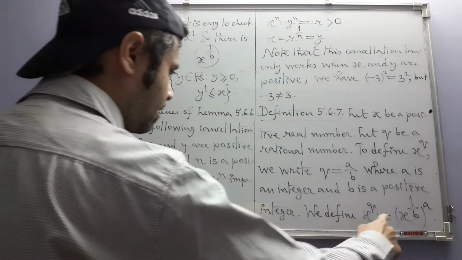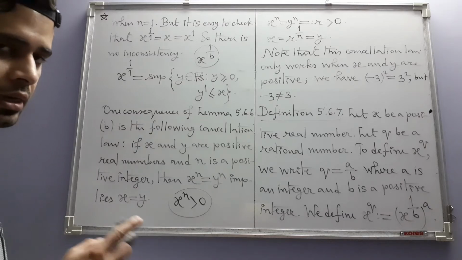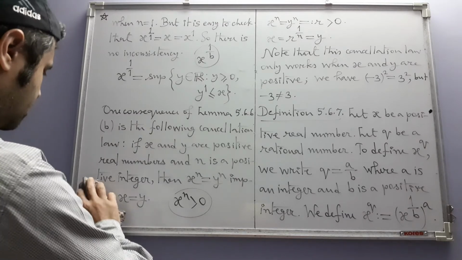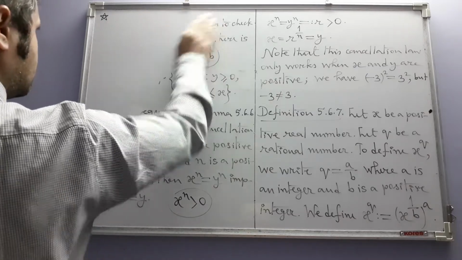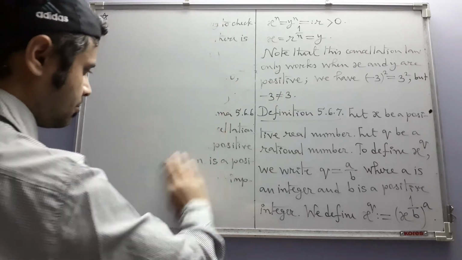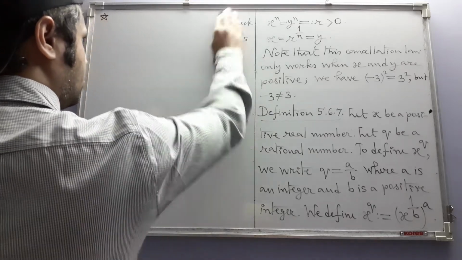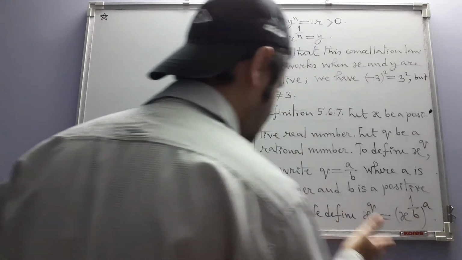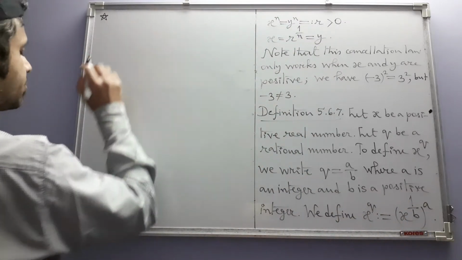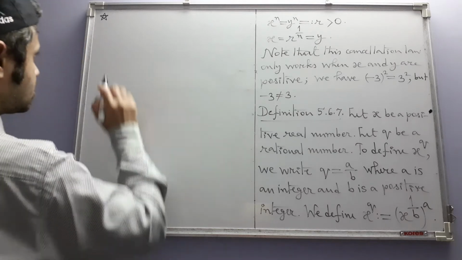So there is no problem with this definition. No problem means at least with the symbols we don't have a problem, but there may be another problem. We are coming to that now. The other problem is this. Let us take a specific value of x.